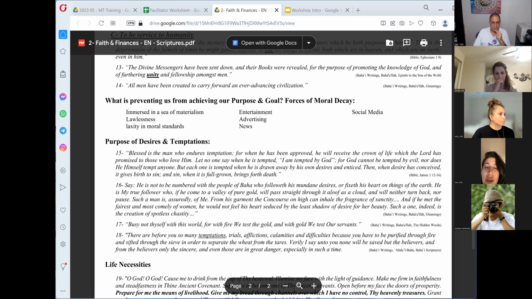Such a man is assuredly of me. From his garment the conquerors on high can inhale the fragrance of sanctity. And if he met the fairest and most comely of women, he would not feel his heart seduced by the least shadow of desire for her beauty. Such a one, indeed, is the creation of spotless chastity.